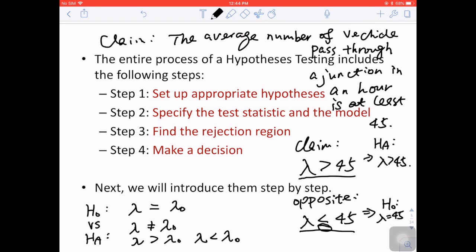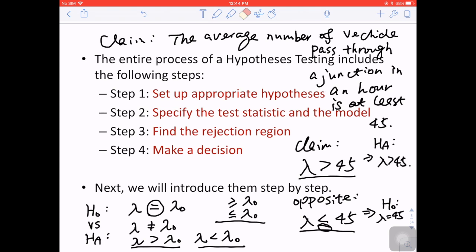But if you take some other, more advanced statistical courses, you're going to find my null hypothesis could be lambda is larger than or equal to lambda 0, or smaller than or equal to lambda 0. It doesn't have to be exactly equal to something. It could be larger or equal, or smaller or equal, but it doesn't matter. It really depends on what your alternative hypothesis is.